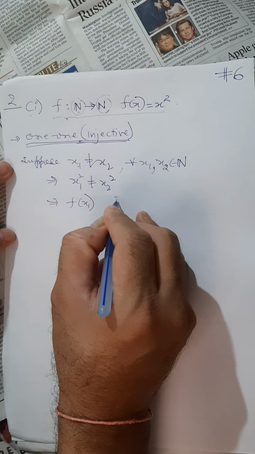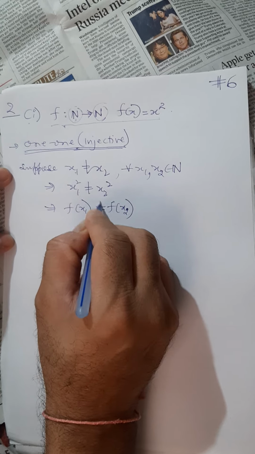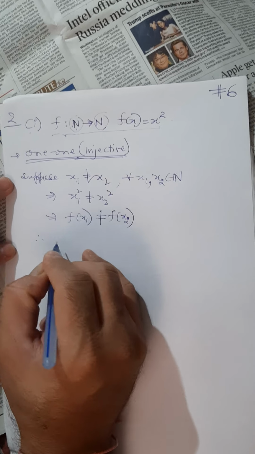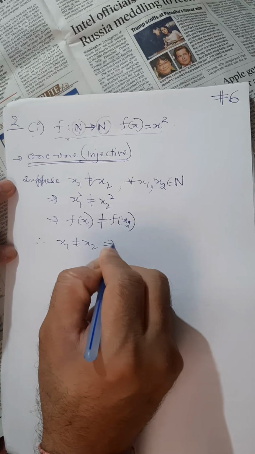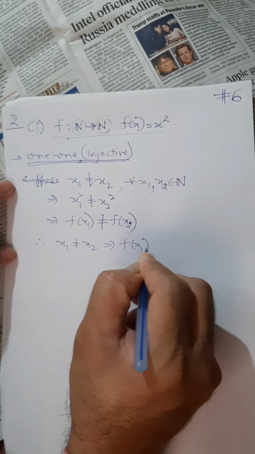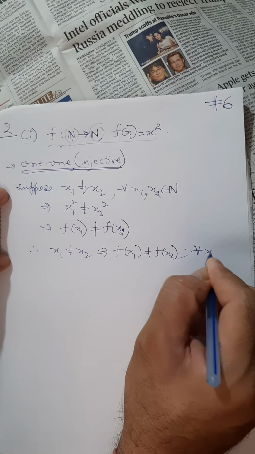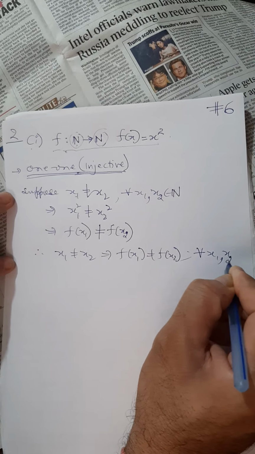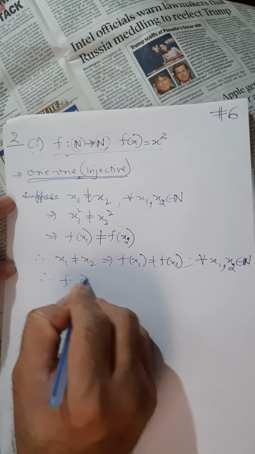What is f of x2? Of course they are different, and therefore here what you have shown, whenever elements are different, their images are different. And this is true for every x1, x2 in the domain, remember, belonging to natural numbers. So therefore f is 1-1.